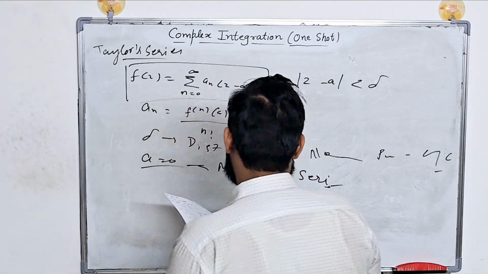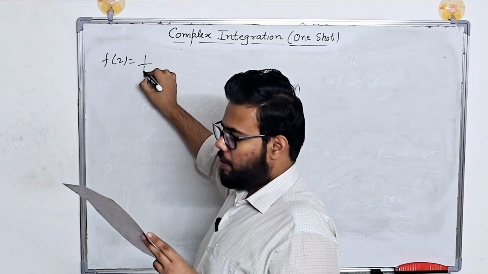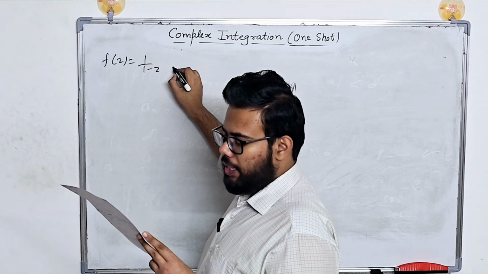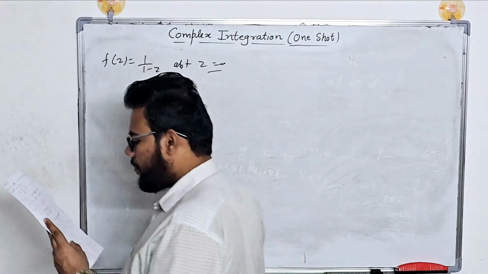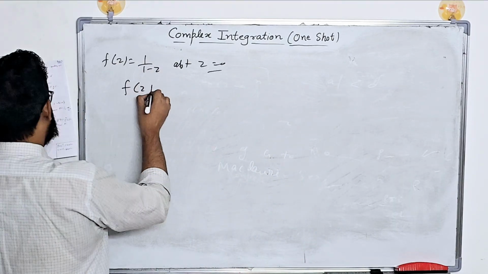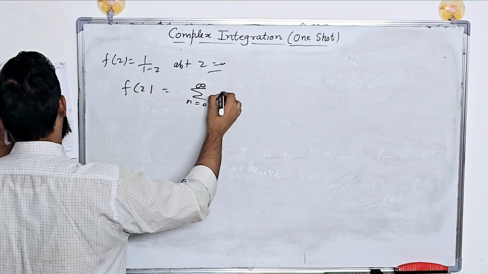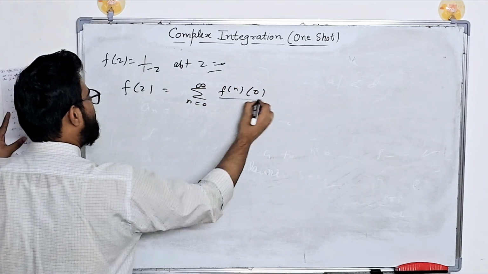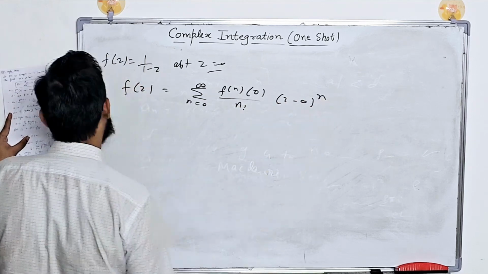Let's discuss that now using a question. So f of z is equal to 1 upon 1 minus z. So you have to find the Taylor series about z equal to 0, okay? So f of z is basically this: the summation n equal to 0 to infinity of the quantity nth derivative of f at 0 divided by n factorial times the quantity z minus 0 raised to the power n, right?